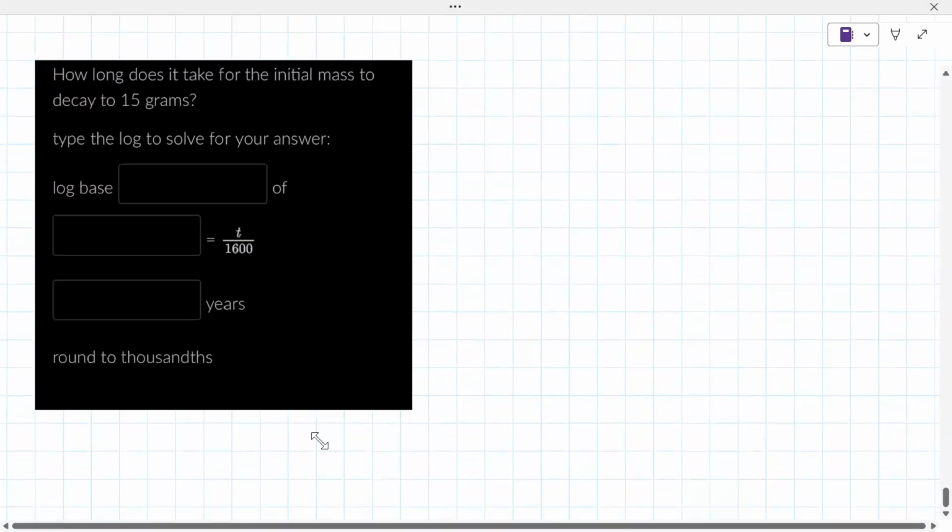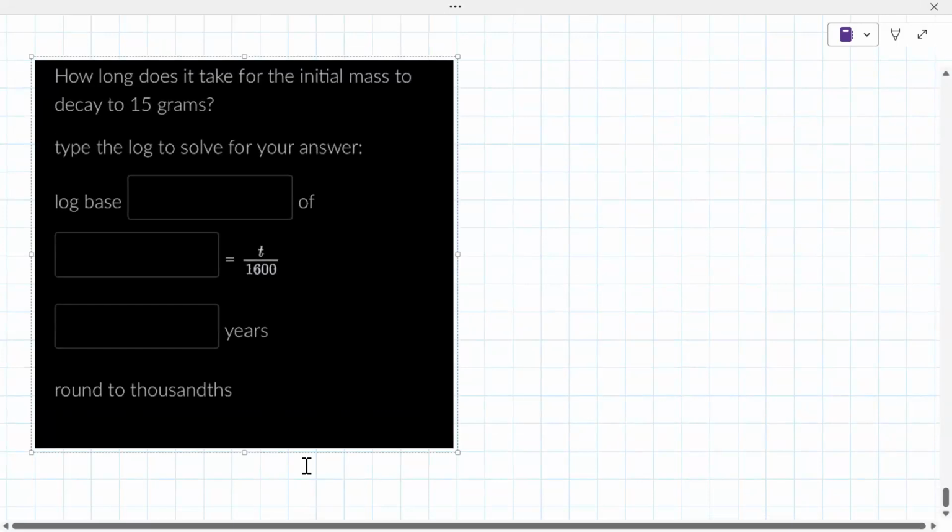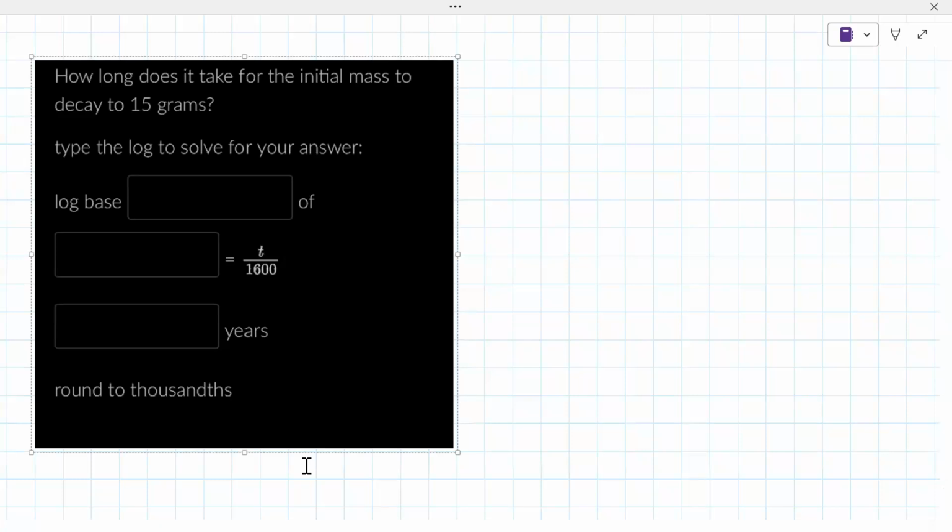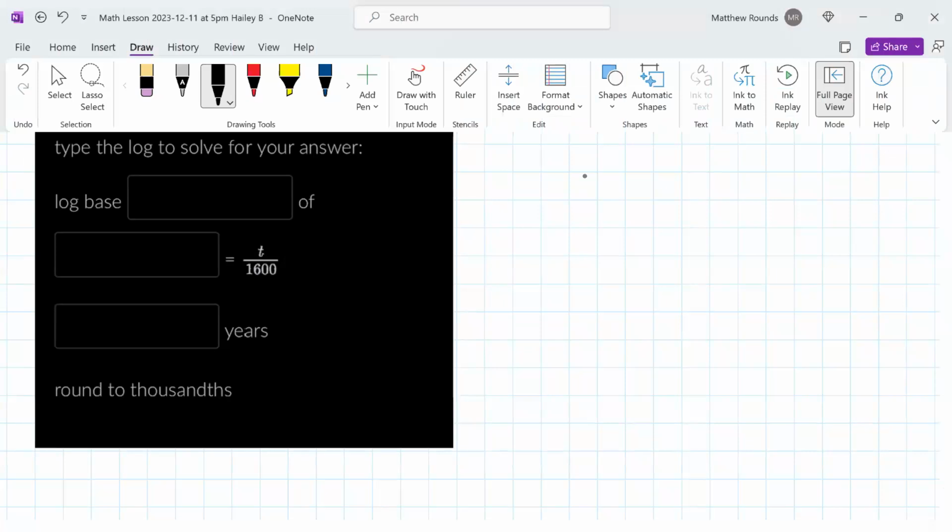All right. So for this one, we're setting the entire equation equal to 15.